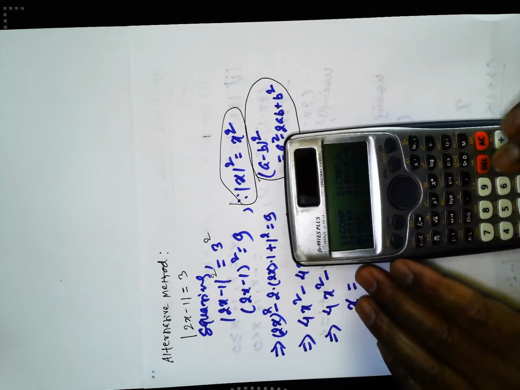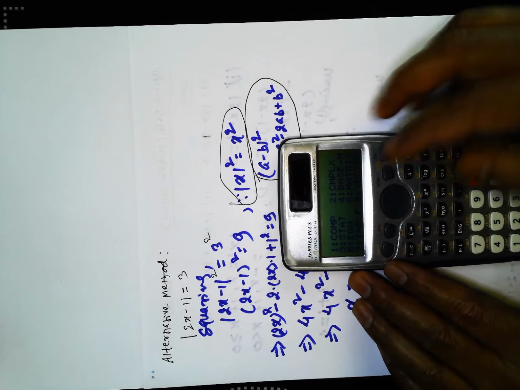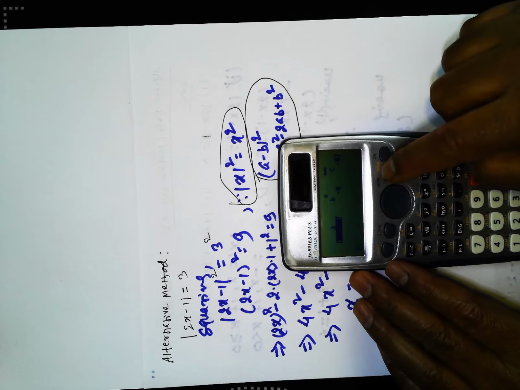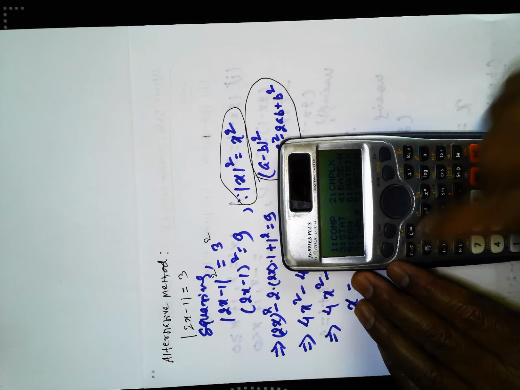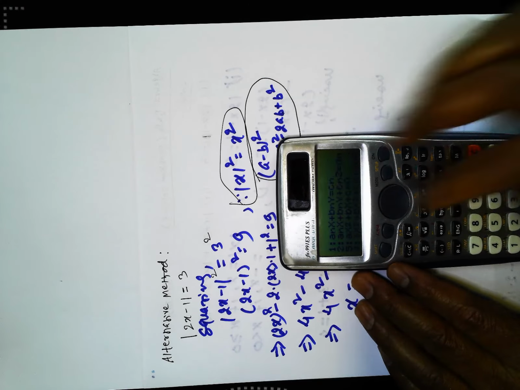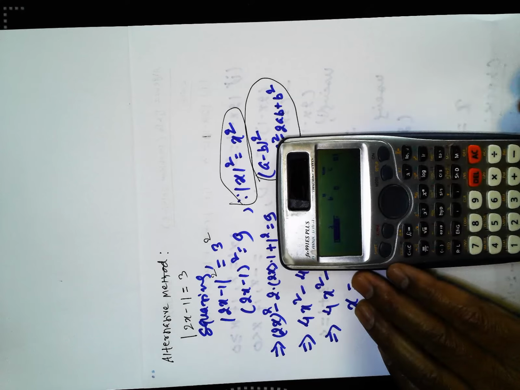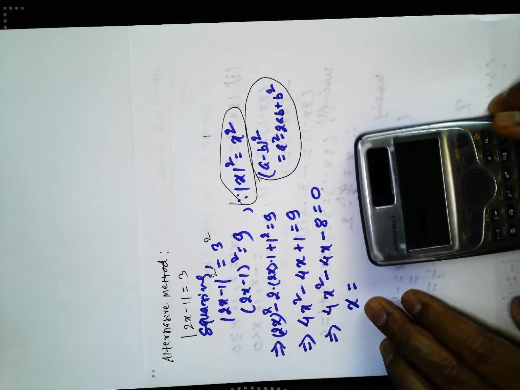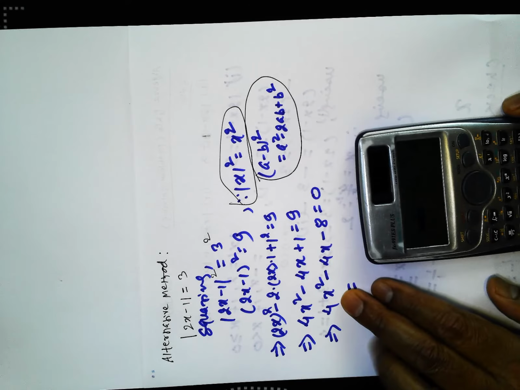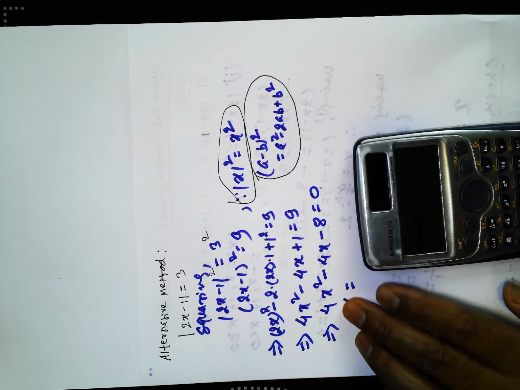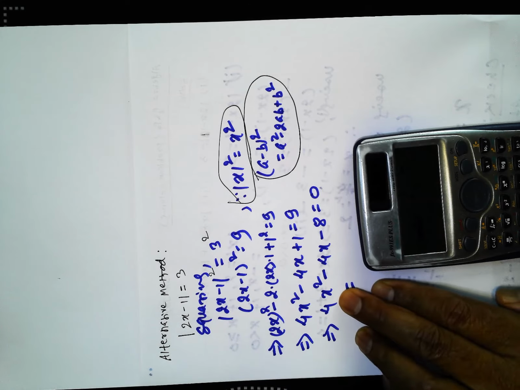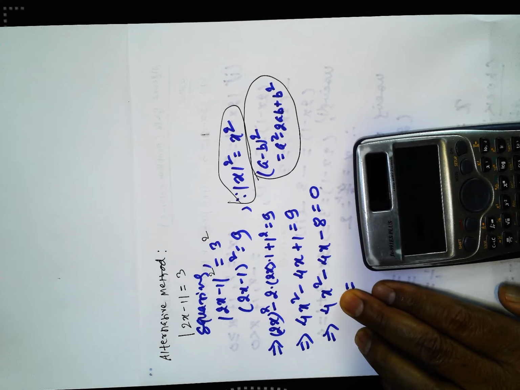When you press mode, you can see here 1 2 3 4 5 options. So in option 5 you have another option 3, then you can have that option for finding the values in the quadratic equation. So first value is the coefficient of x squared, that is 4.